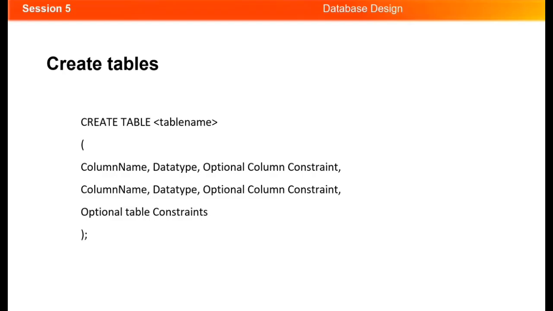We'll go through an example where we will use fairly generic, simple, well-known data types and constraints. We will go into the data types and constraints in following lessons and videos. But for right now, for this example, we will just use basic data types and column constraints.